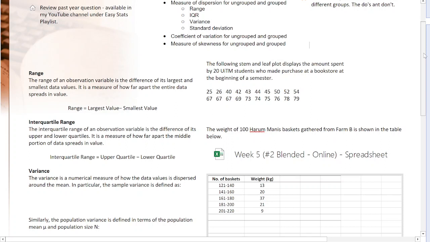Are they close together or farther away from one another? If they are close together, they have a lower dispersion, so lower variation, because the values are almost identical. It doesn't make much difference between one variable and another, so they are clustered together.